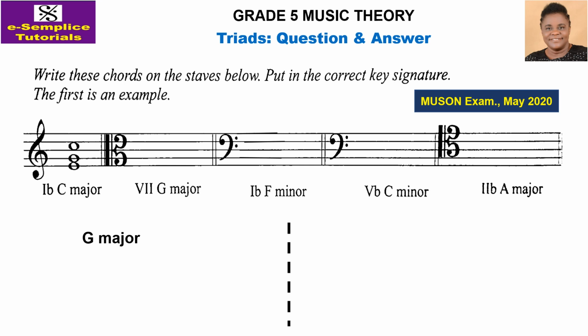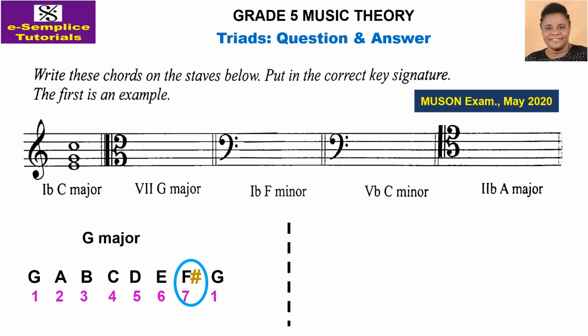So let's just proceed. And we are actually supposed to show the correct key signature. But let's start first. Those are the notes in G major. Add the accidentals in G major. We have F sharp, and chord 7 means the 7th degree will be at the root of the chord.